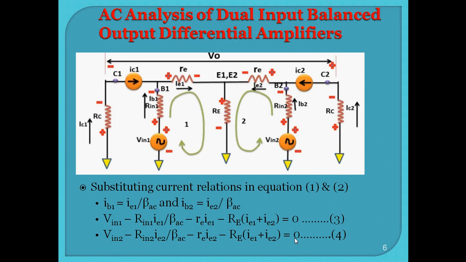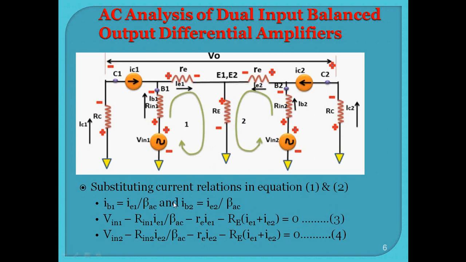For the base current, IB1 is represented as IE1 by beta AC, and IB2 is nothing but IE2 by beta AC. For IB1 we are substituting IE1 by beta AC, and for IB2 it is IE2 by beta AC.